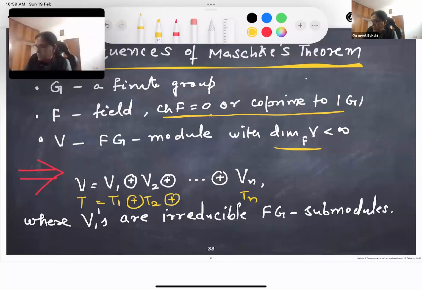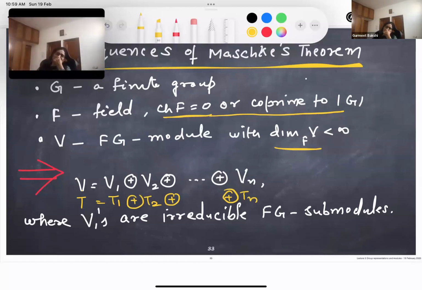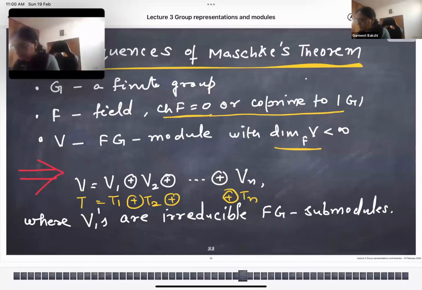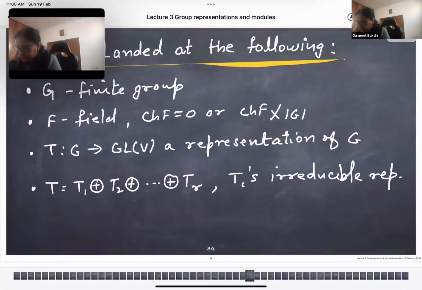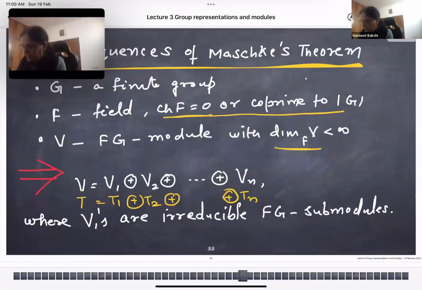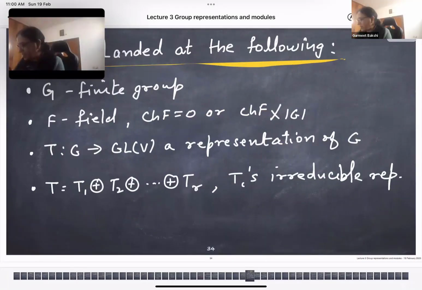And because irreducible modules correspond to irreducible representations, which you have already proved, you have decomposed a given representation into a direct sum of irreducible representations using basically Maschke's theorem. So this is where you have landed: under these conditions, you have decomposed T into a direct sum of irreducible sub-representations.